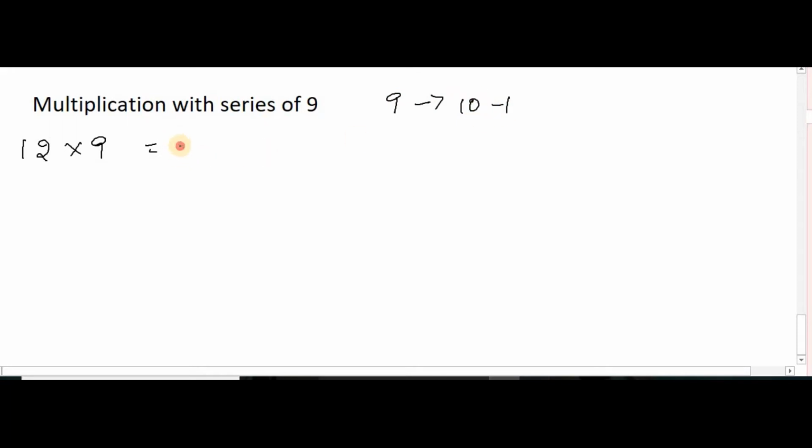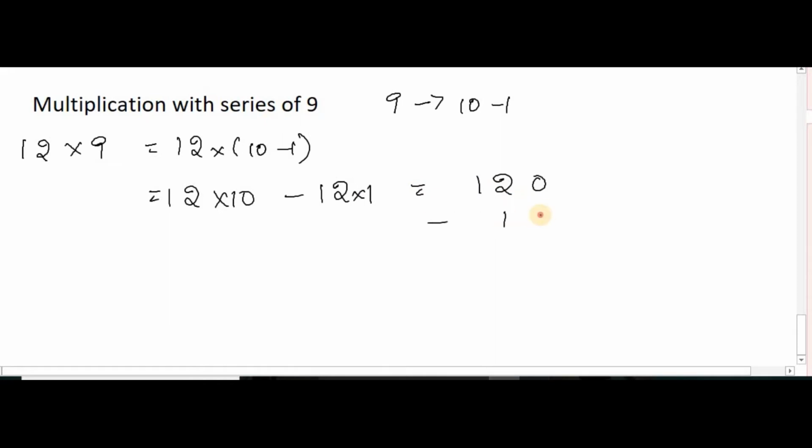Now we will go with a single digit, and you all know that 9 can be written as 10 minus 1. So 12 into 10 minus 1 can be written as 12 into 10 minus 12 ones, so 120 minus 12.